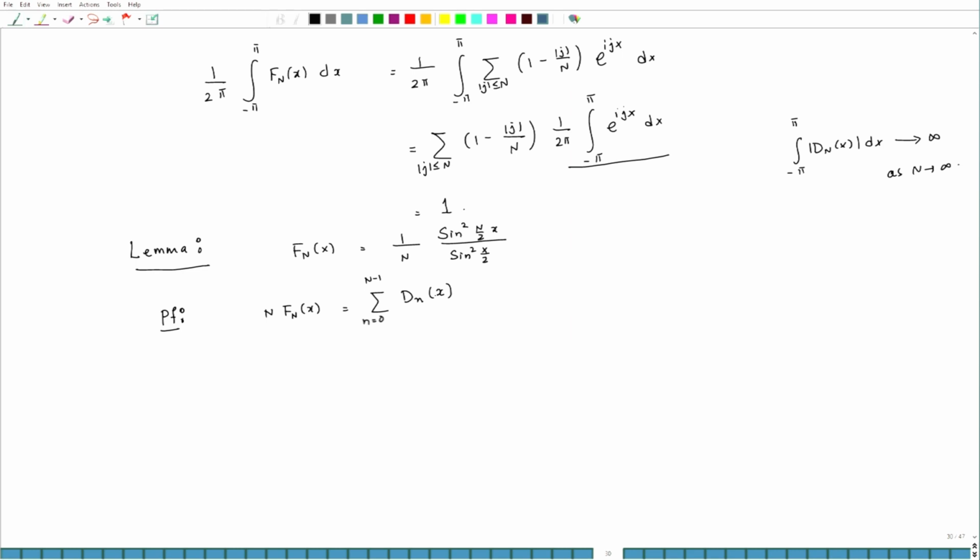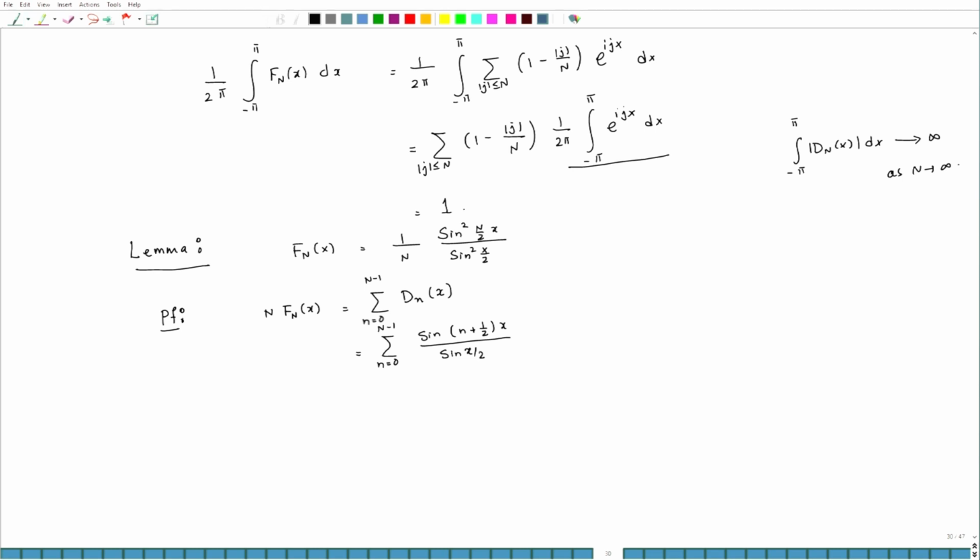That is what our f n is by definition. Now, this is equal to the summation from n equal to 0 to n minus 1 of sin n plus 1/2 of x by sin x by 2.